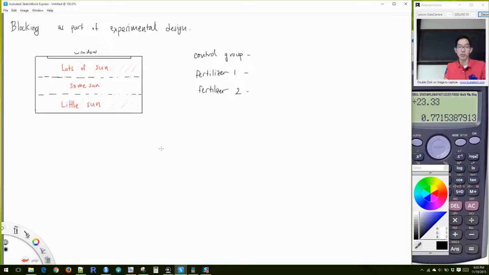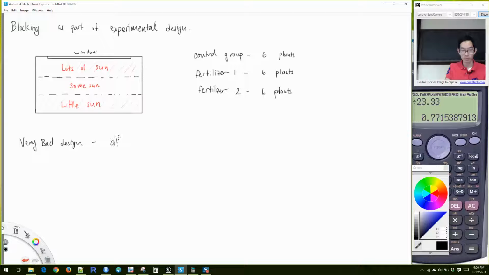Okay, so a very bad design, let's say you have 6 plants of each. Okay, so we want to produce replicates here. So a very bad design would be to put all 6 plants of fertilizer 2 in the lots of sun.